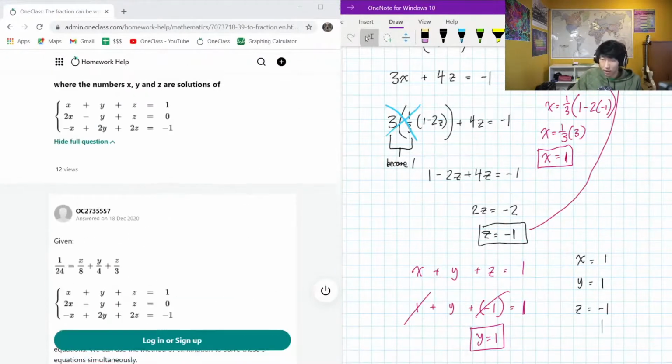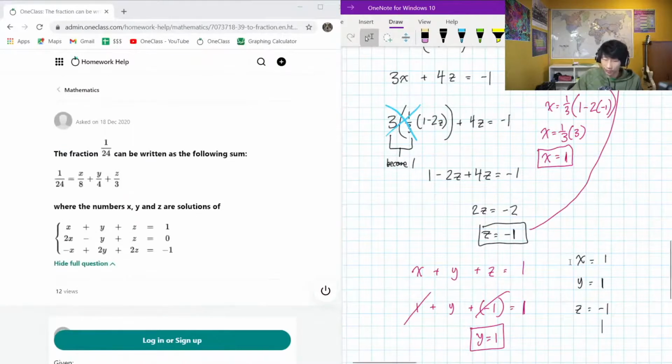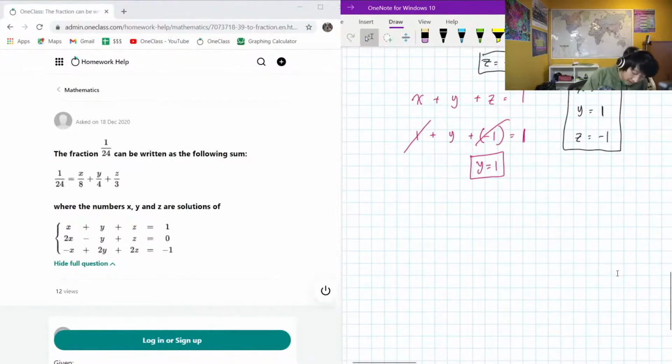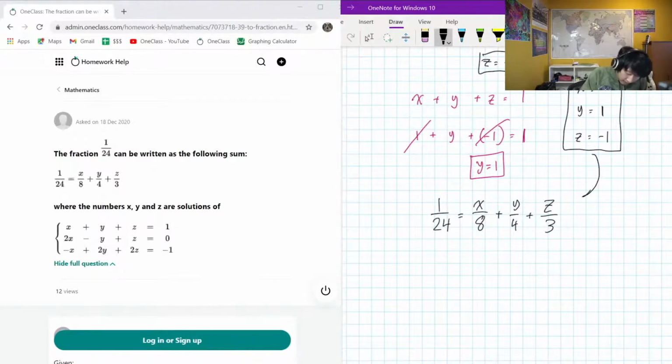And that means now that we found these, and the original question was asking us 1/24 is equal to x over 8 plus y over 4 plus z over 3. Now I want to sub these in to check if this is actually true or not.